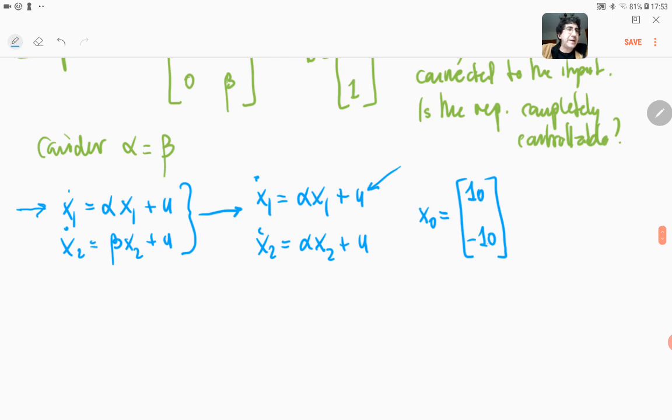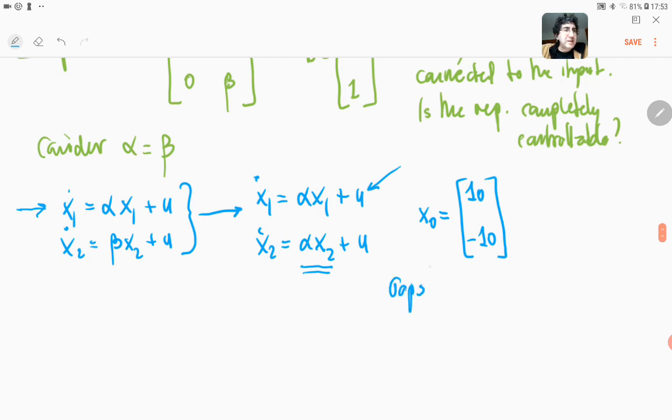But at the same time, x2's initial state is minus 10. So for that choice of u, that state will actually keep decreasing as well, because they have the same dynamics. So if you try to bring x1 to 0, you will make x2 go away from 0. And if you want to make x2 go to 0, you will make x1 go away from 0. That's a dilemma between the two states.